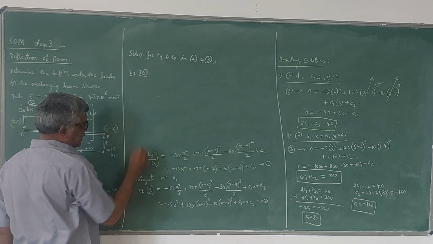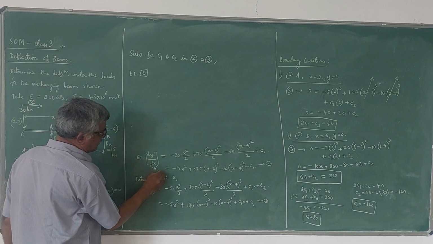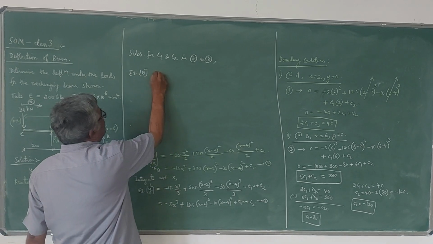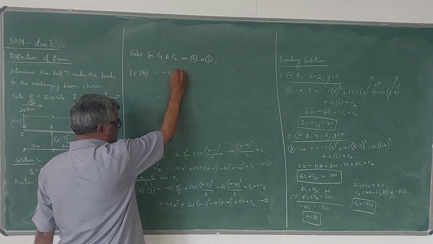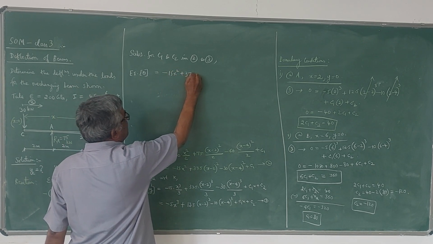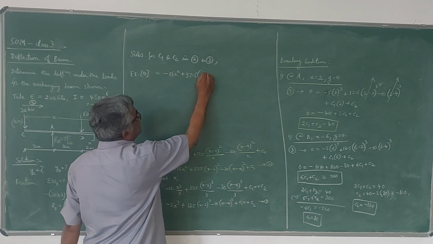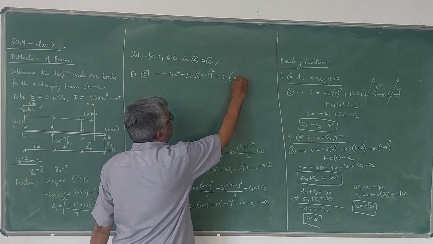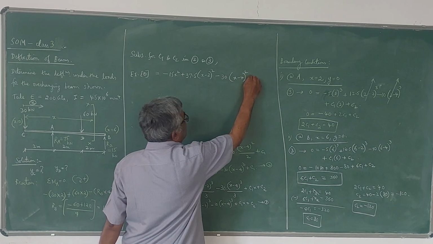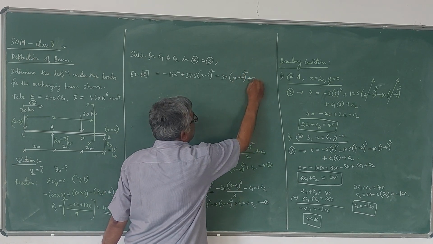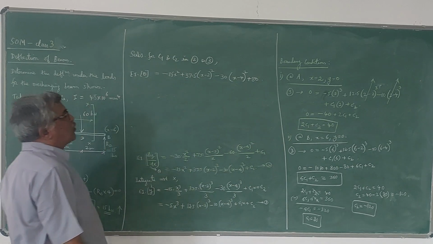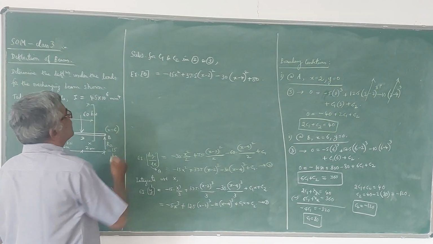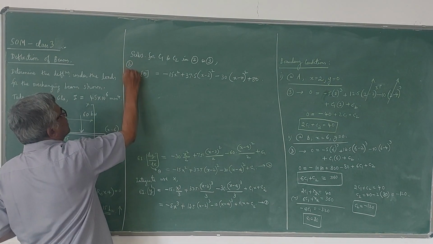So theta is equal to minus 15x square plus 37.5 into x minus 2 whole square minus 30 into x minus 4 whole square plus C1. C1 is 80. So this is the slope equation.